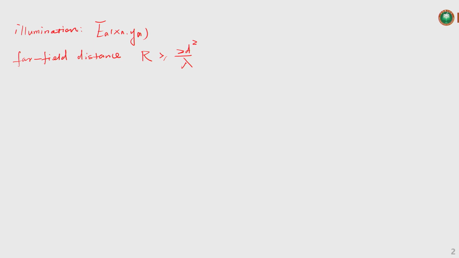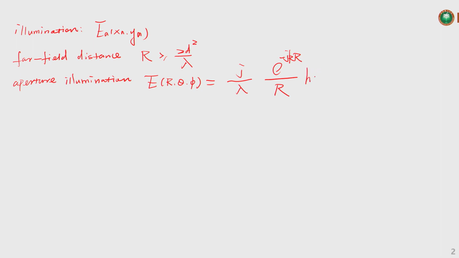So the aperture illumination can be expressed in the spherical coordinate system. We express it as J over lambda times the spherical wave, right? So e to the minus J K R over R times H theta.